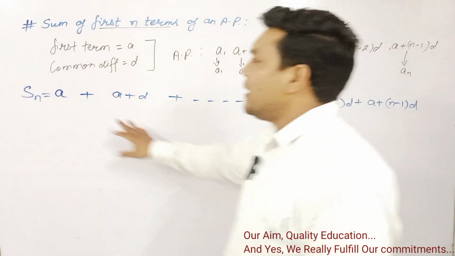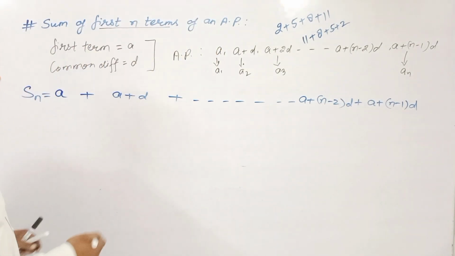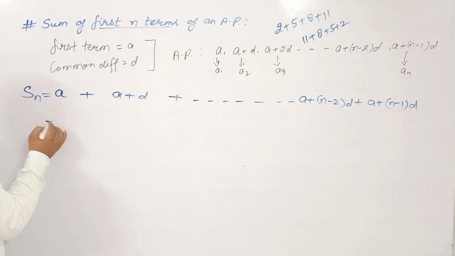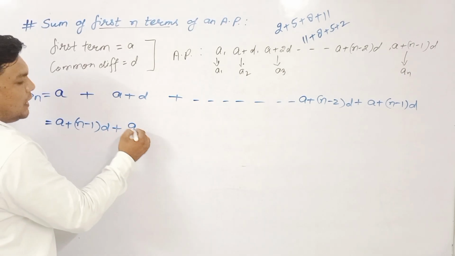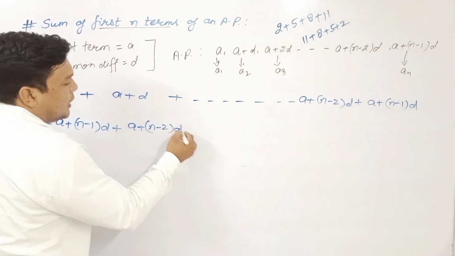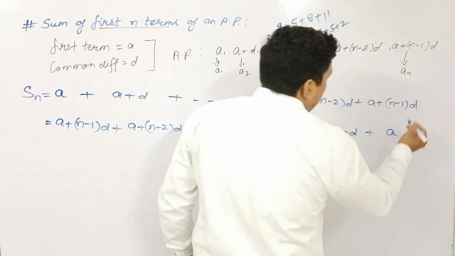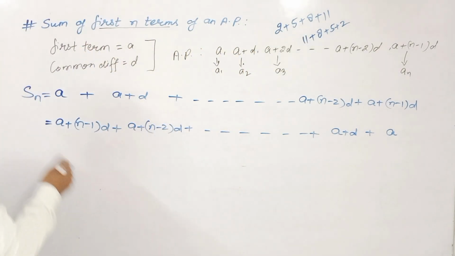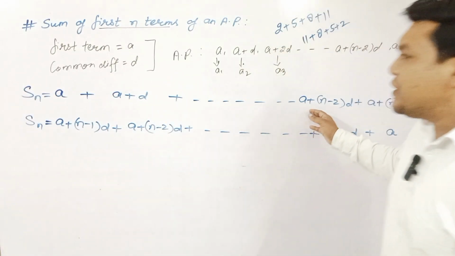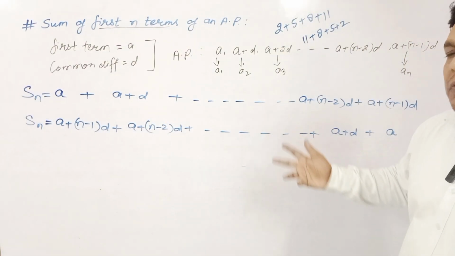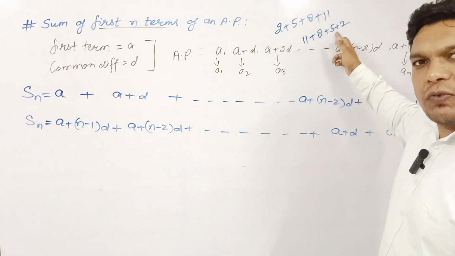So similarly, if you write a plus n minus 1 into d plus a plus n minus 2 into d plus, and so on, plus a plus d plus a, it will also be Sn or not? Yes, it will be Sn. What have we done? We have just reversed the AP, and after reversing AP, sum will be same. If it's 2 plus 5 plus 8 plus 11 or 11 plus 8 plus 5 plus 2, both are same.